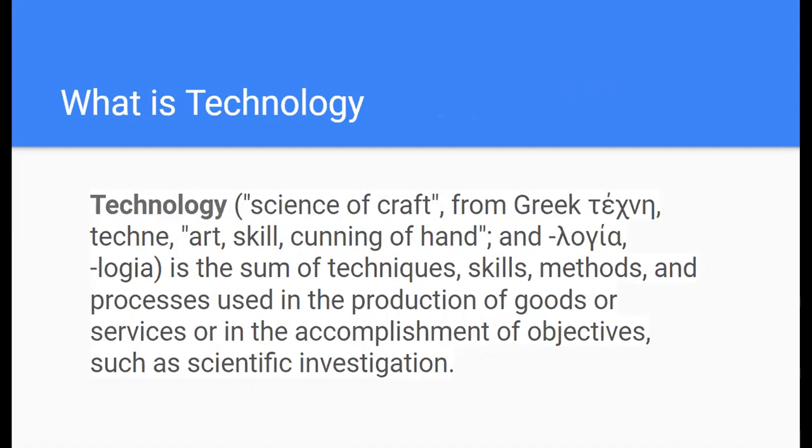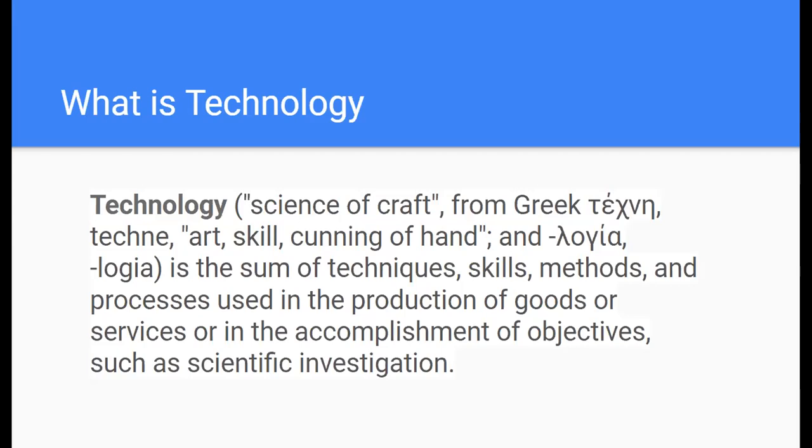This X is chi, ch in Greek, where you have chiro, the same ch for Christmas, same for Christ. So that's the thing in Greek. So meaning science of craft. Science of what? Craft. So we are looking at art, skill, cunning by hand.